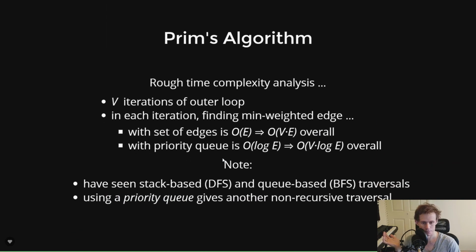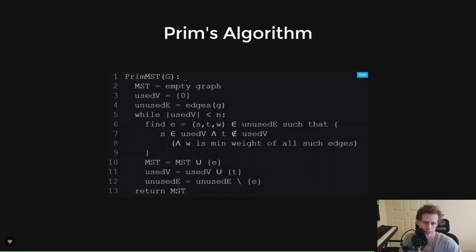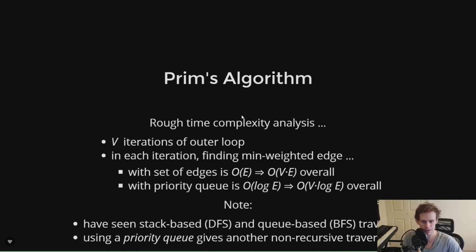Yeah. In terms of the complexity of Prim's algorithm, if we try and understand it, we have V iterations of the outer loop. That means that because the MST has V vertices in it, we have to do V loops of this edge finding.